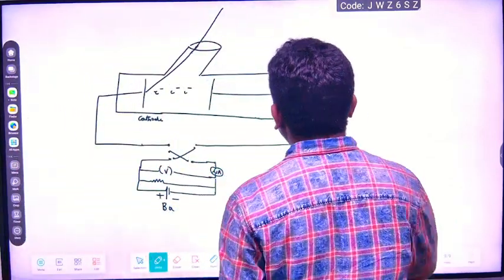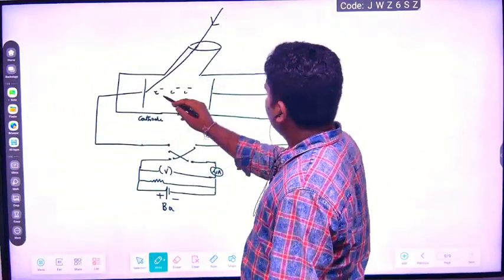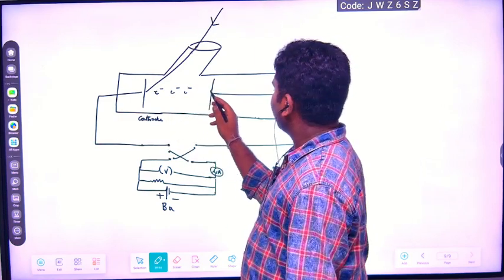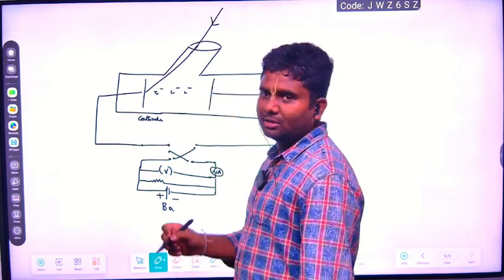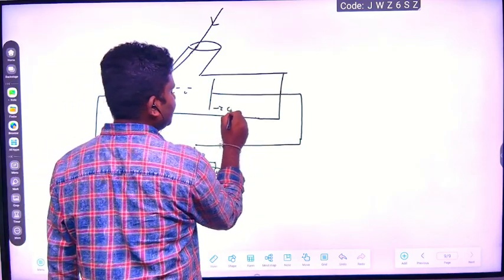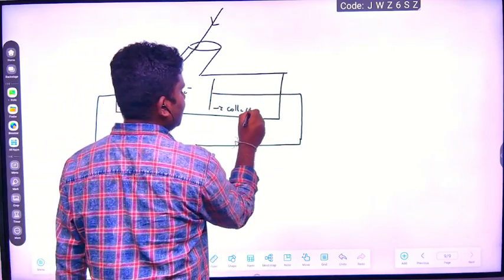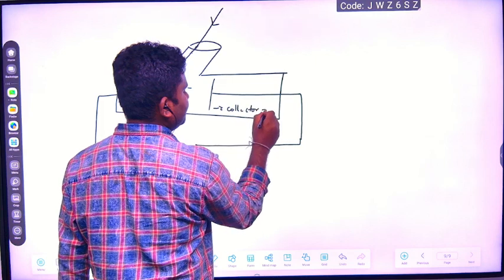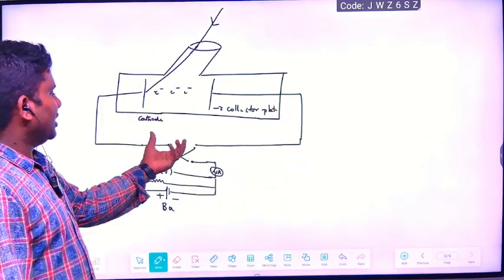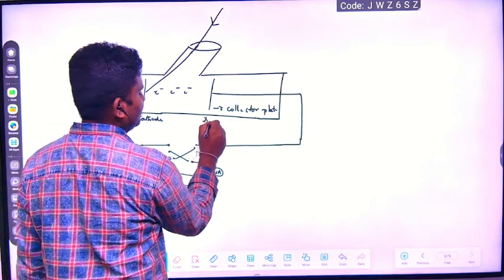Whenever light rays fall on the cathode plate, the electrons will come out from the cathode plate and enter the anode plate, which is the collector plate. This is cathode and this is anode.